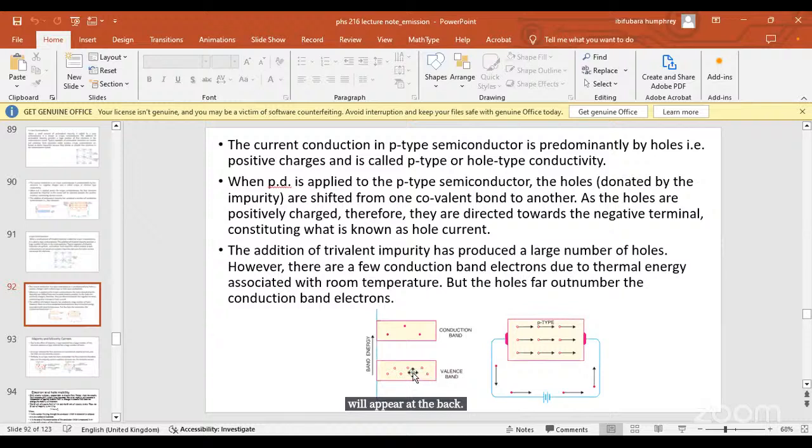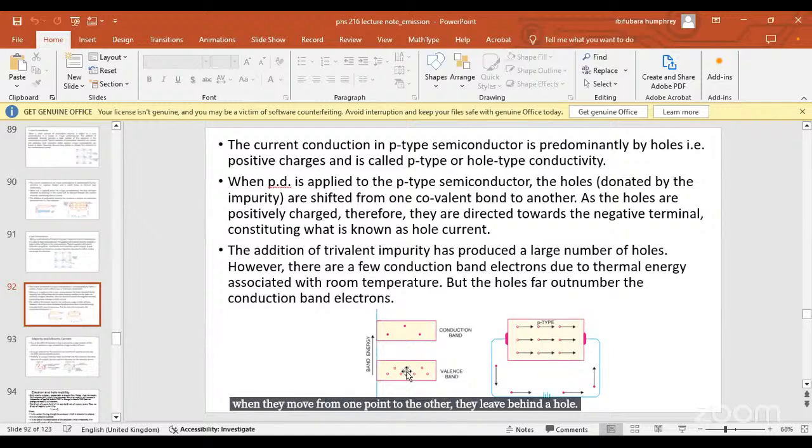Before you know, the hole that used to be in front will appear at the back and spread. The more the electrons jump across, the more the hole spreads. So it's as if the hole is moving from the right side to the left side, but holes do not actually move. It's only electrons that move. When they move from one point to the other, they leave behind a hole.